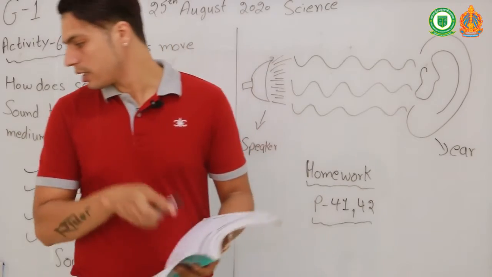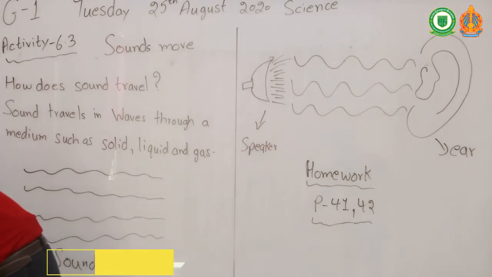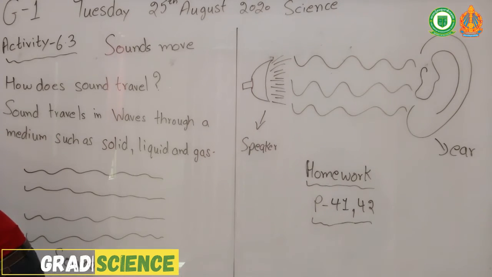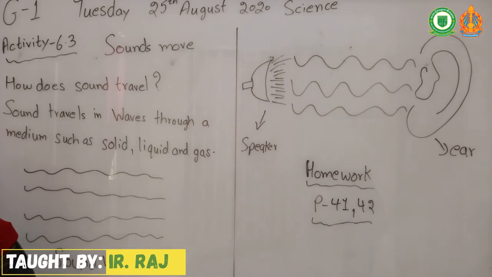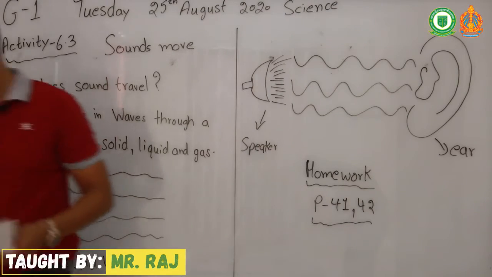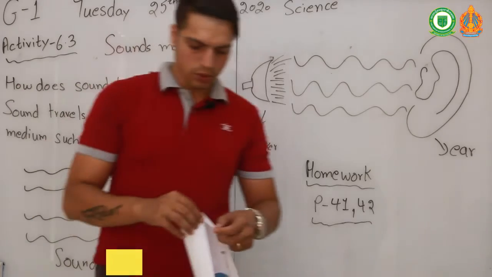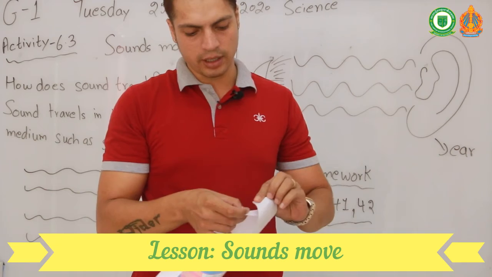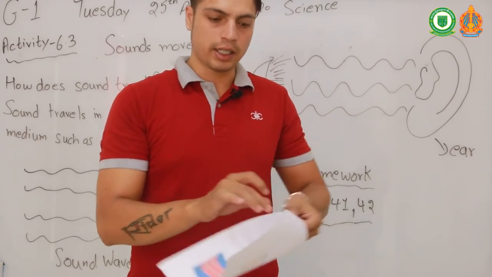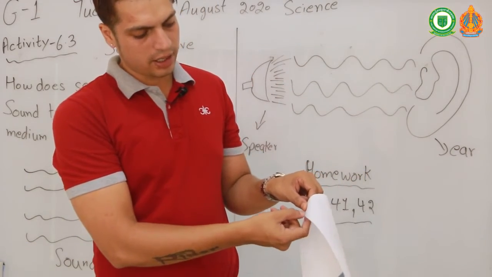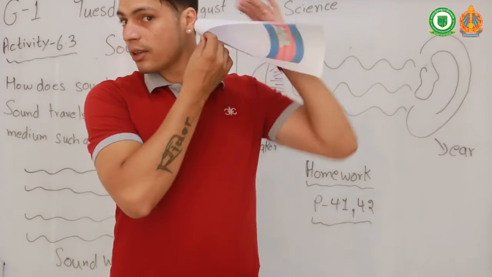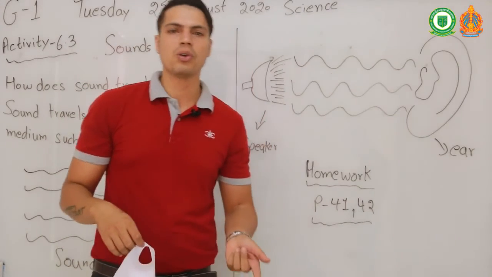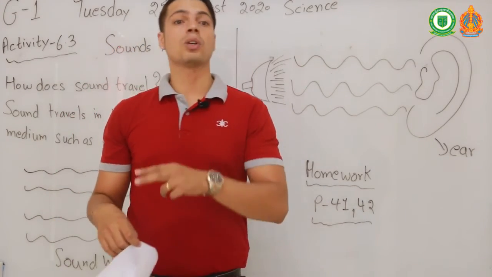So what you need to do is roll a paper like this, or you can do like this. Just stick a tape here, and then place it on your ear like this, and try 3 sounds. You can use your phone, or you can use 2 other sounds.